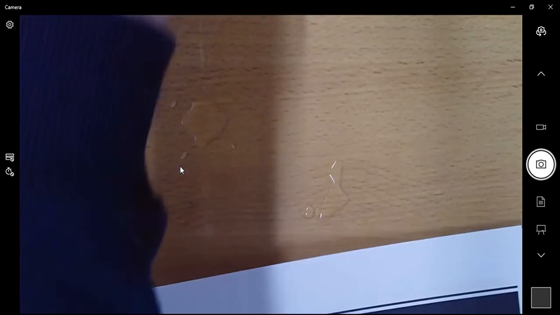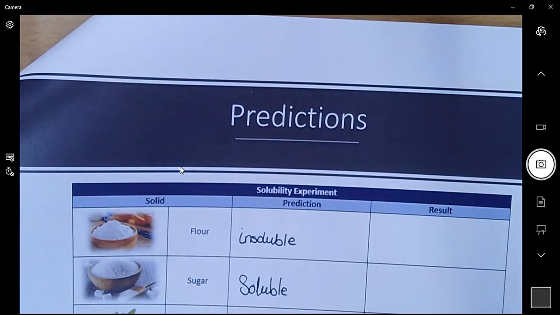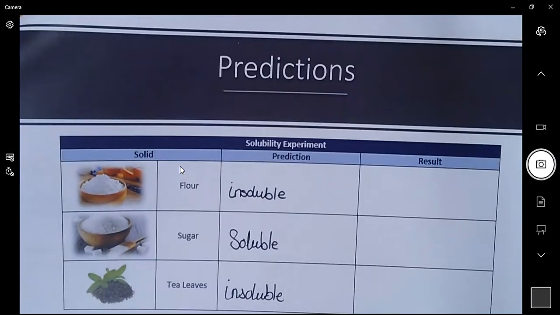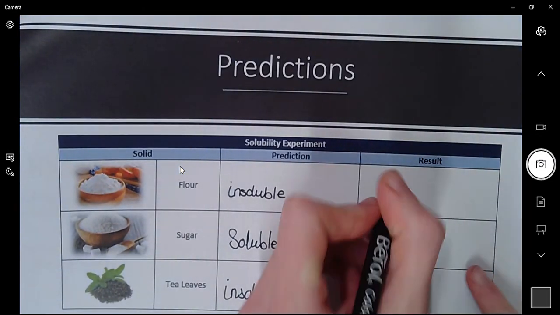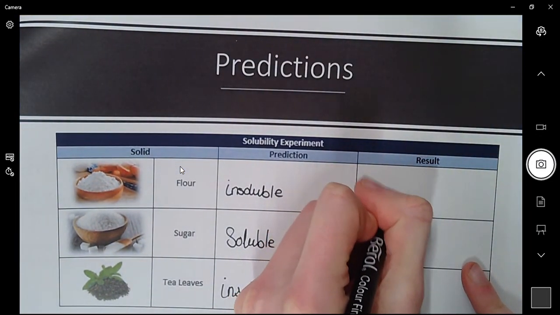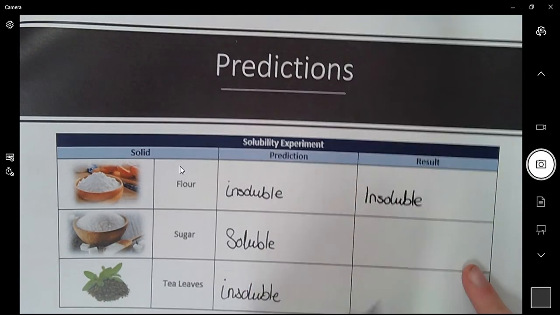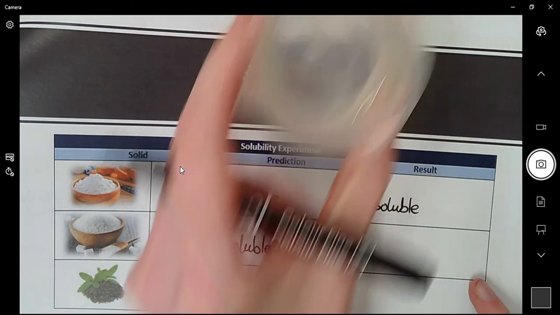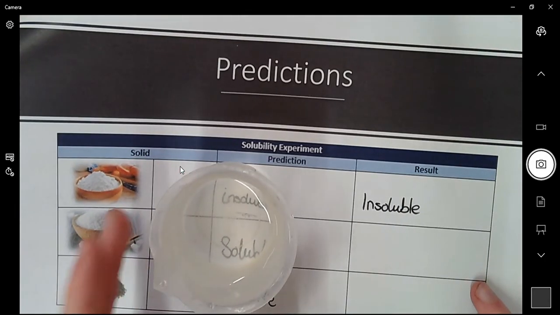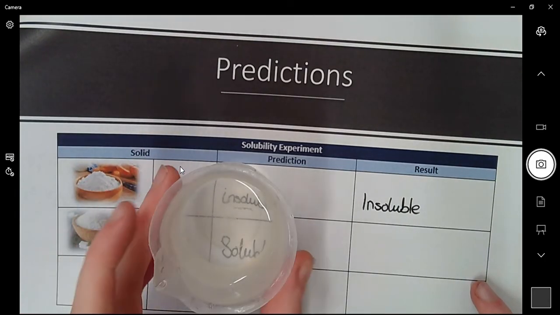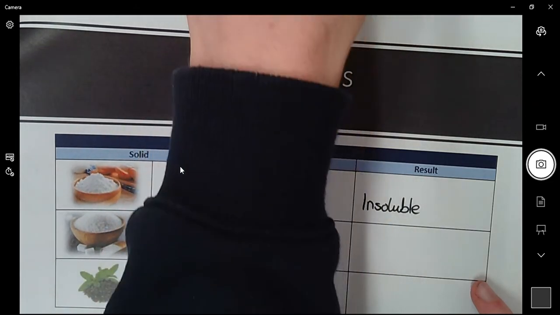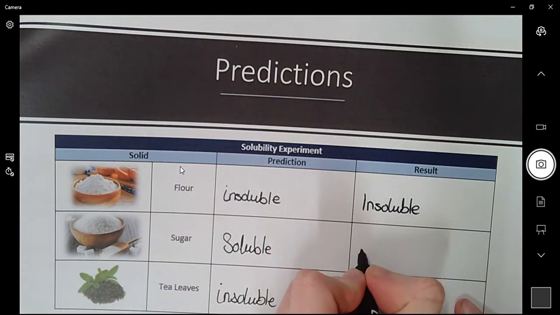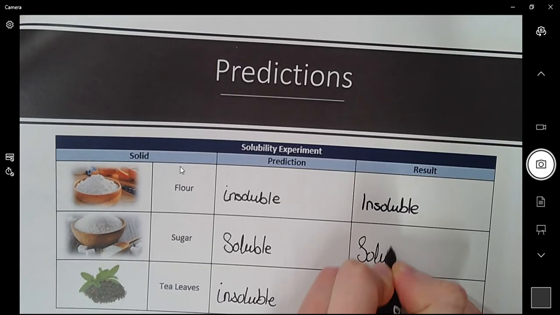And based on what I've just seen, I think I can say with a fair amount of confidence that the flour was insoluble. So my prediction was correct. I could say the sugar was soluble. I'll just show it to you again. Yeah, it's see-through. I can see my words all the way through the sugar water. So it was soluble, I was correct.